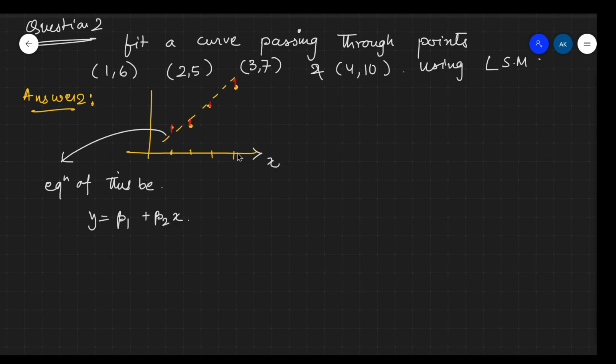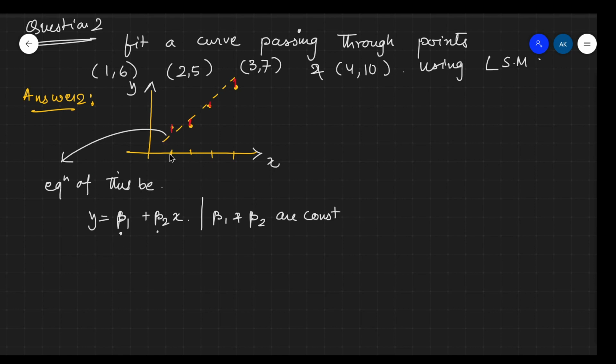This is your x, this is your y, and beta 1 and beta 2 are constants. Again, I should not discuss this in too much detail because you must definitely be knowing y is equal to mx plus c, where c is the intercept and m is the slope. Okay, so this is the equation of this curve.